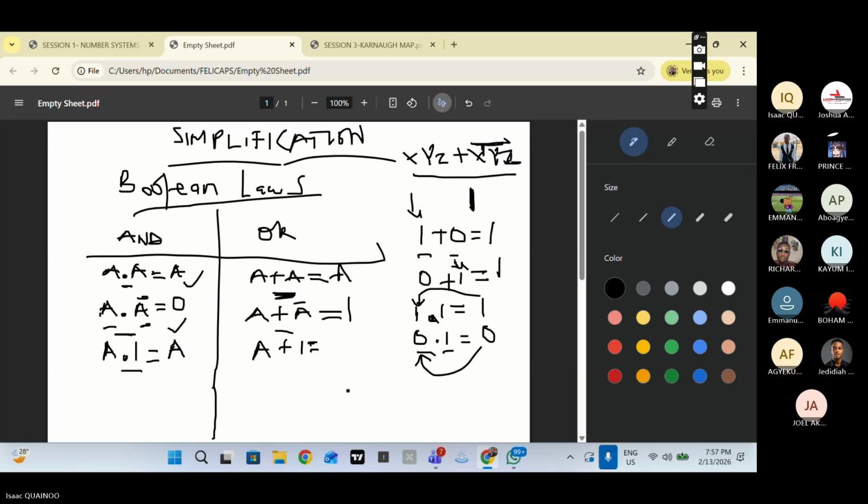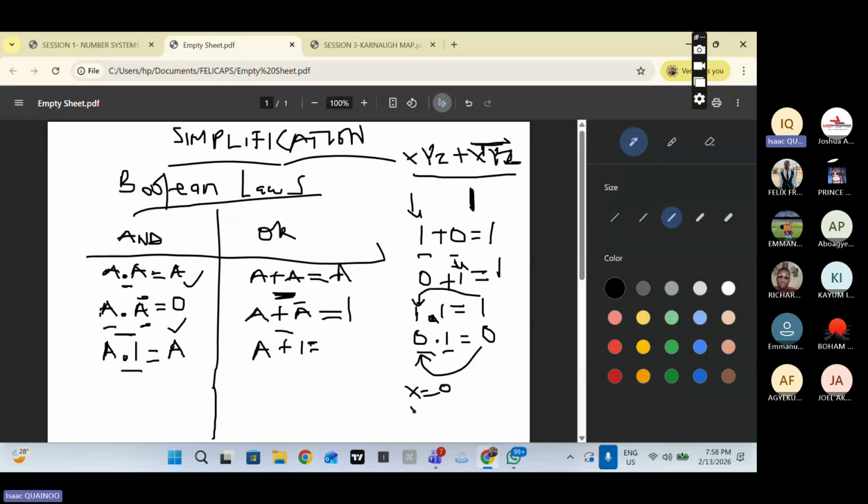If X is 1, Y is 0, Z is 1, and then the same for this place, now we will be inverting them.